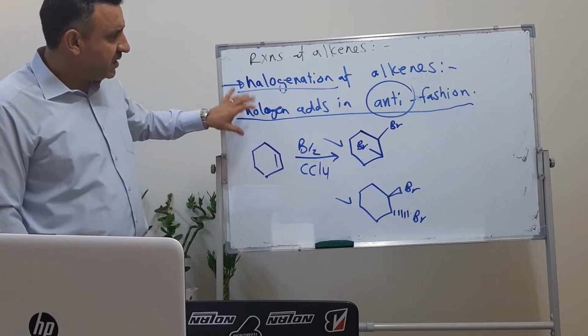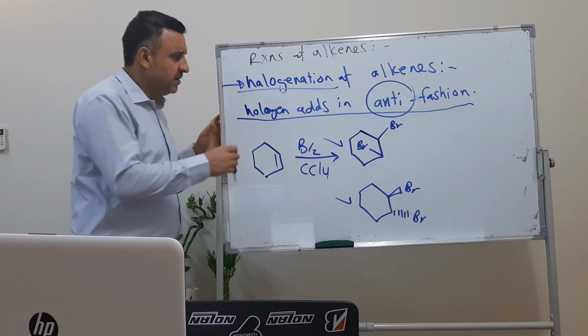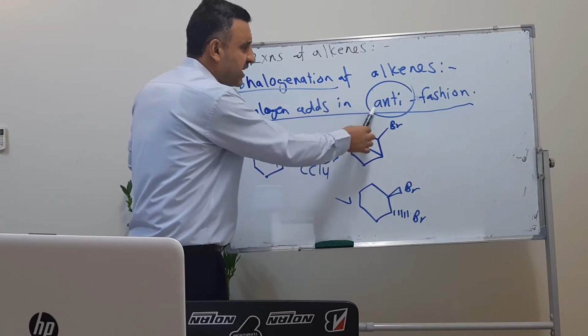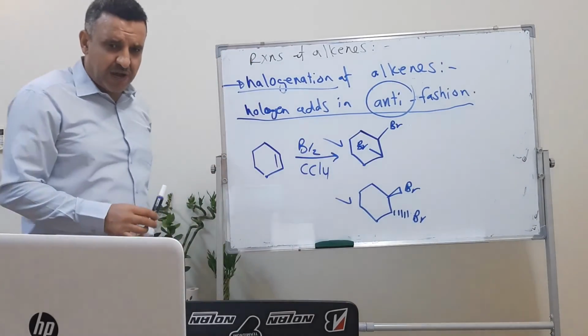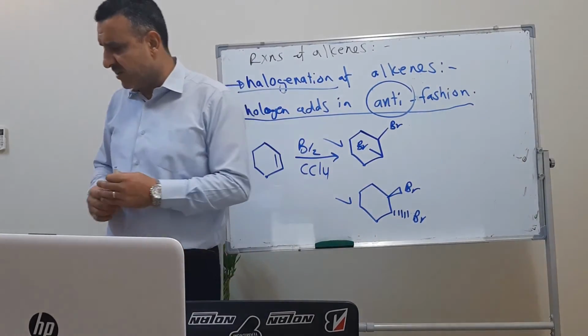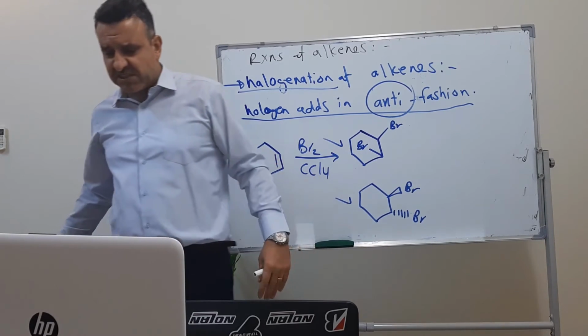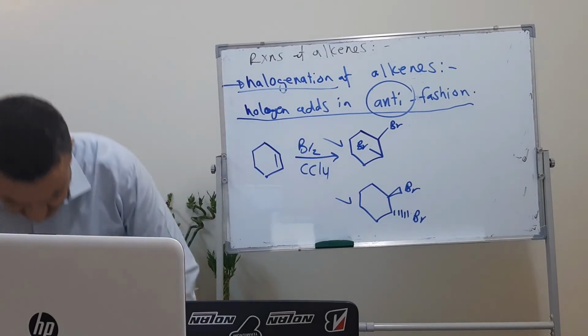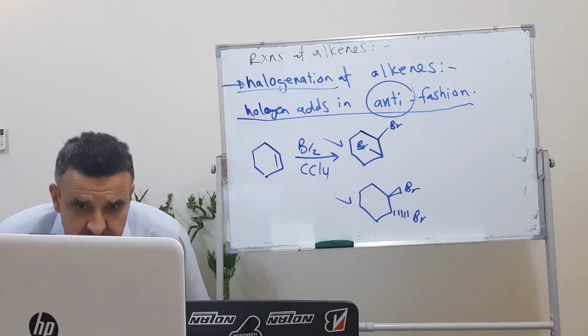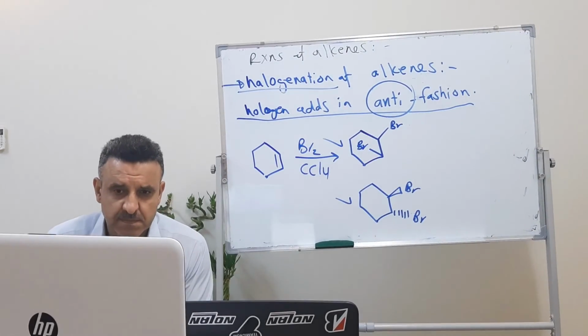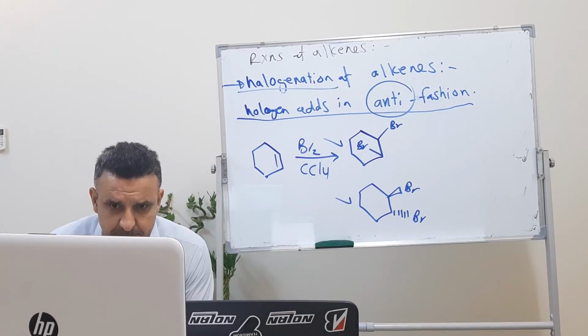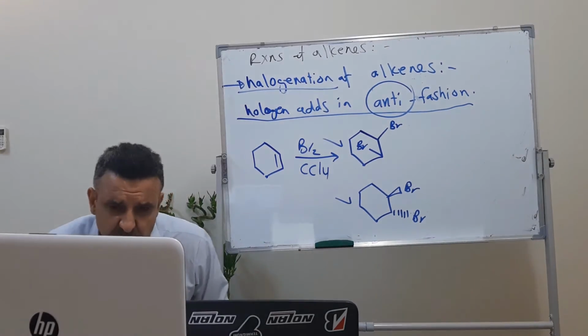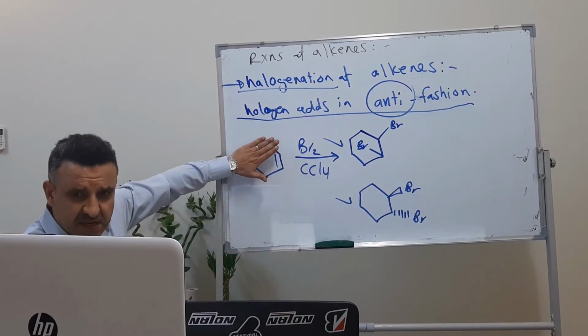We said for the halogenation reaction, halogen acts in anti-fashion. The one who asked, what's the meaning of anti-fashion? We have just explained it. What's the meaning of anti-fashion? Two added parts at the opposite ends. Wonderful. Here we have the alkene, right?